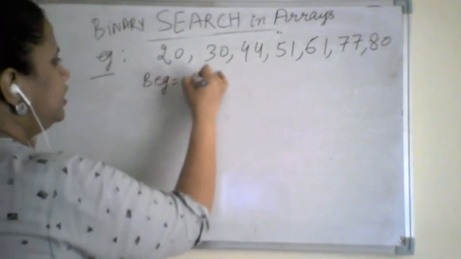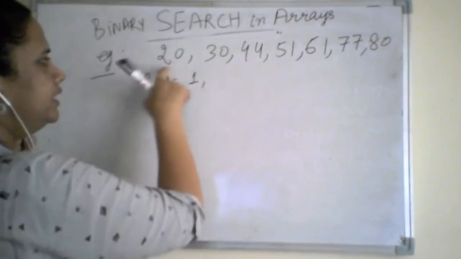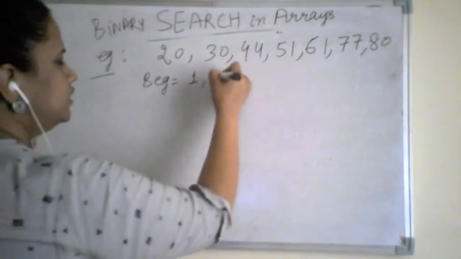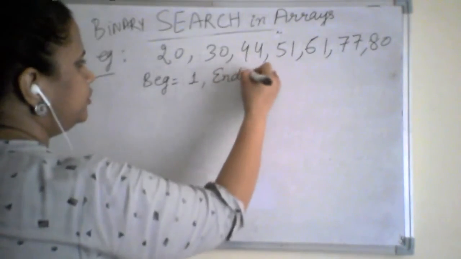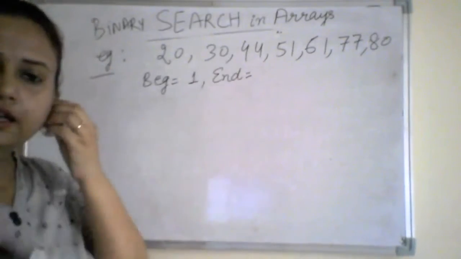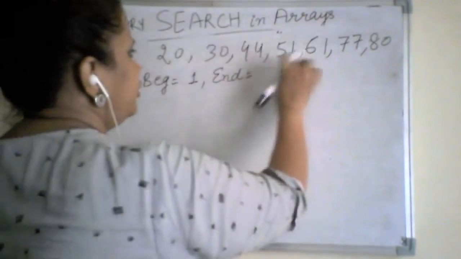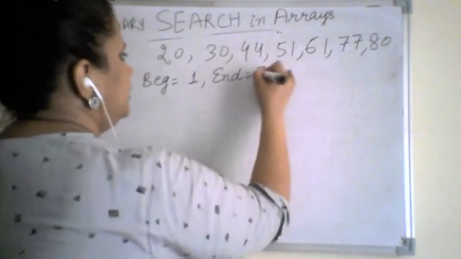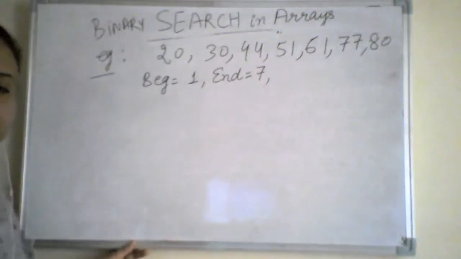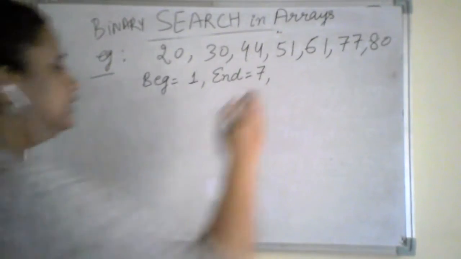The beginning is equivalent to 1. I'm not talking about the data itself, I'm talking about the index. Then you need to know the end of your data: 1, 2, 3, 4, 5, 6 and 7. End index is 7, right?